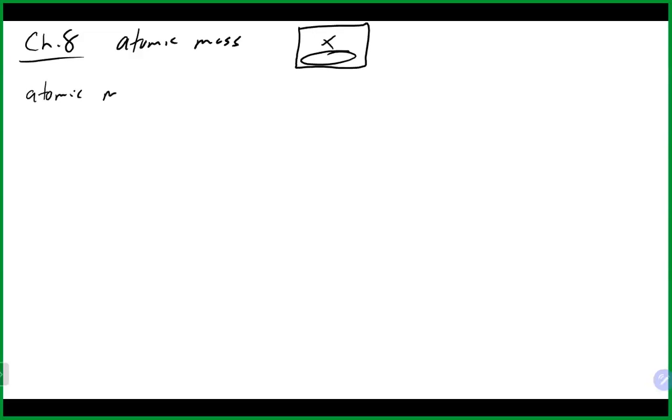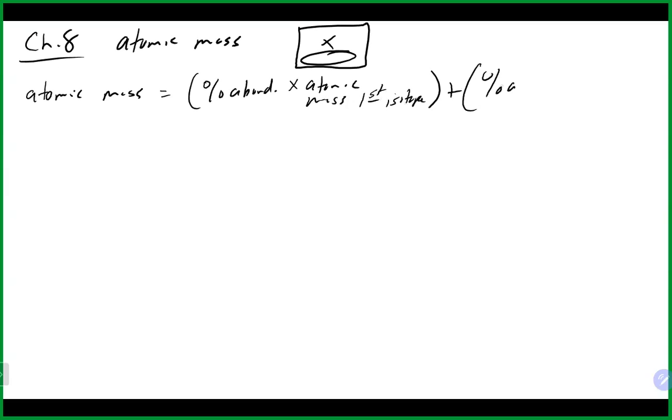The atomic mass is basically the percent abundance of the first isotope times the atomic mass of the first isotope. Then we add it to the percent abundance of the next isotope times the atomic mass of the second isotope. However many naturally occurring isotopes you have, you follow that pattern. That is essentially how they get those numbers that are on the bottom of the periodic table.